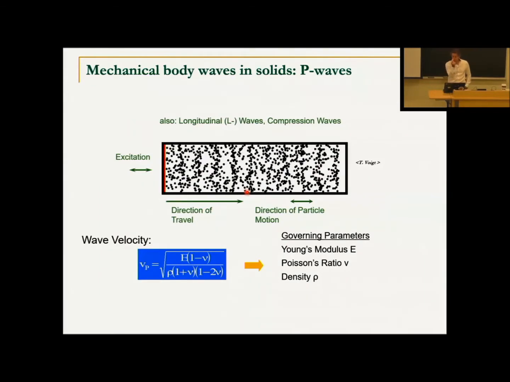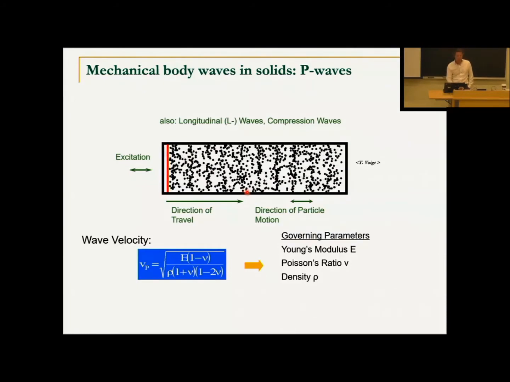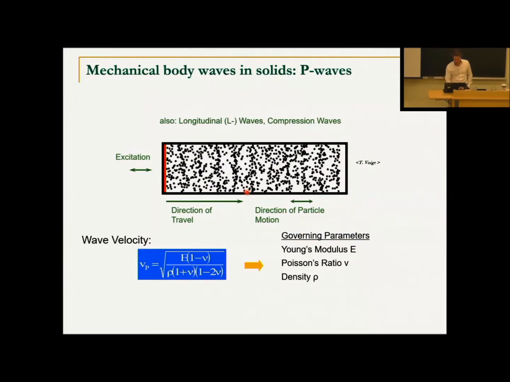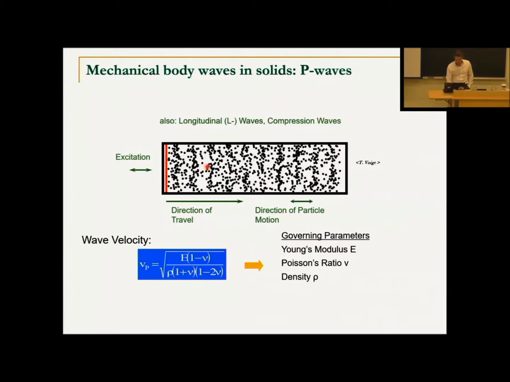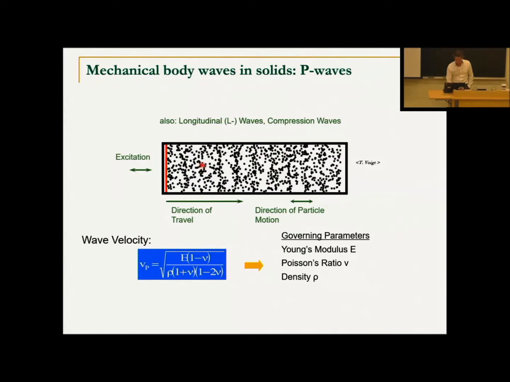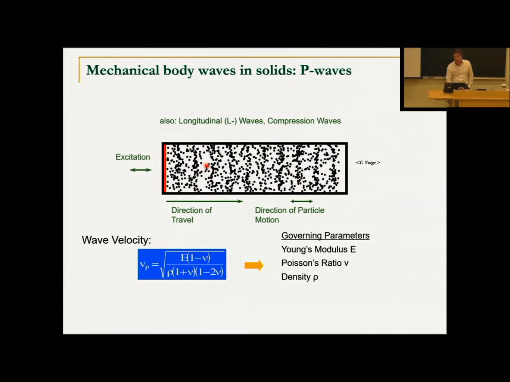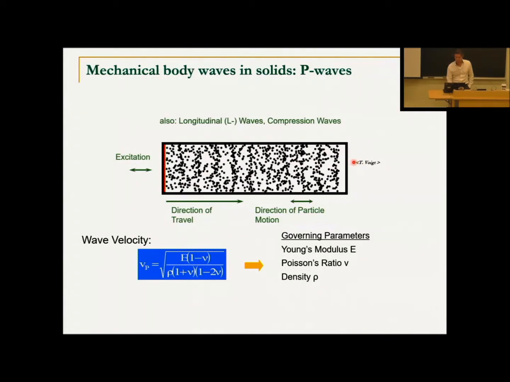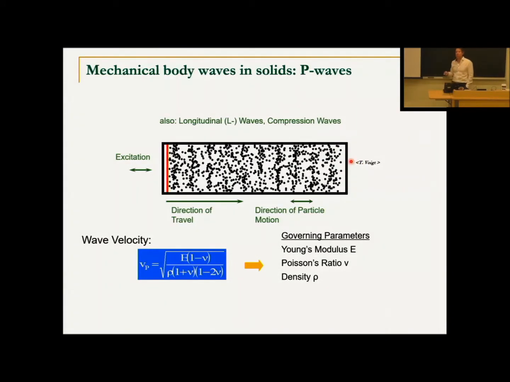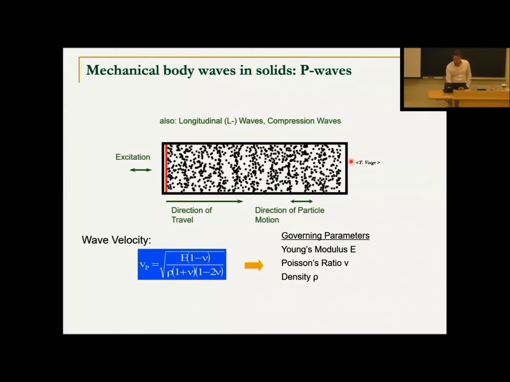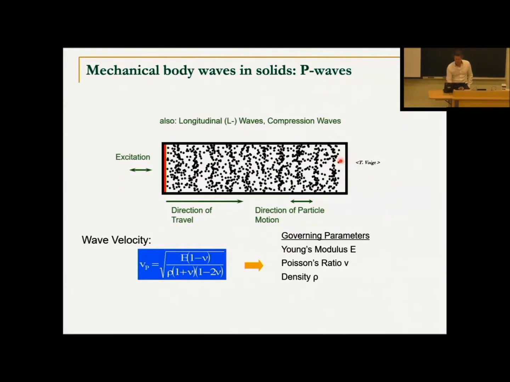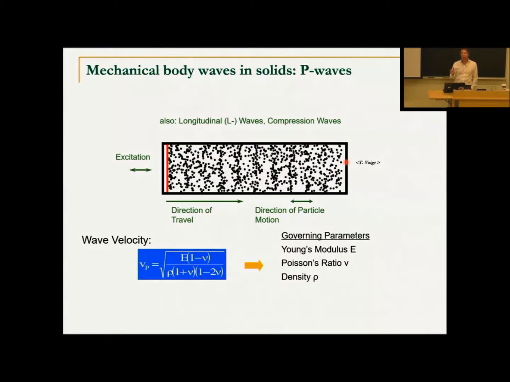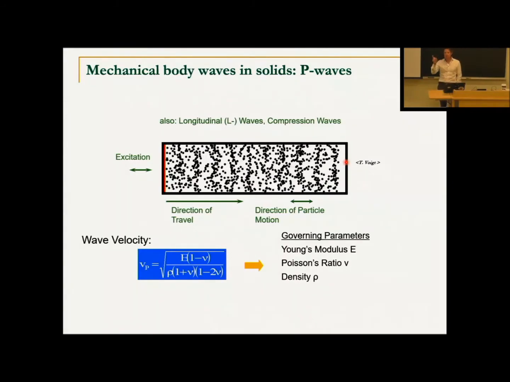But if you look at a single atom, that atom is not traveling anywhere. It's stationary and it's just oscillating back and forth, then sending the disturbance to the right. So if we put a motion sensor at the end of this, it would monitor the motion of this atom, and it would look like a sinusoid, a displacement over time.